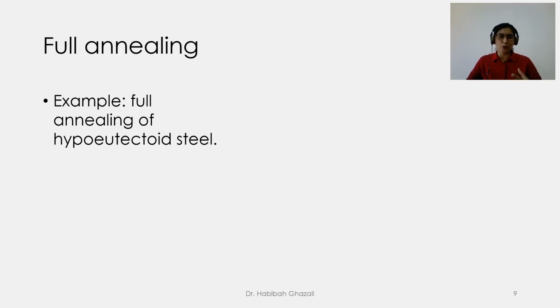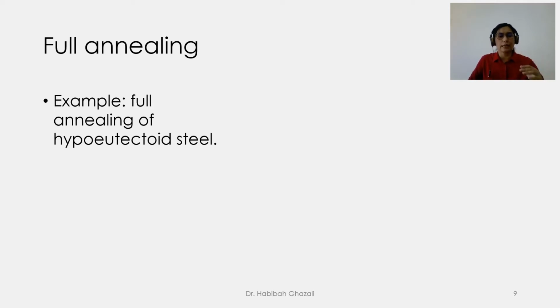By now you should know that the final microstructure of hypoeutectoid steel at room temperature will consist of ferrite and pearlite. I've explained that pearlite is a microstructure that consists of cementite and ferrite in a lamellar structure.